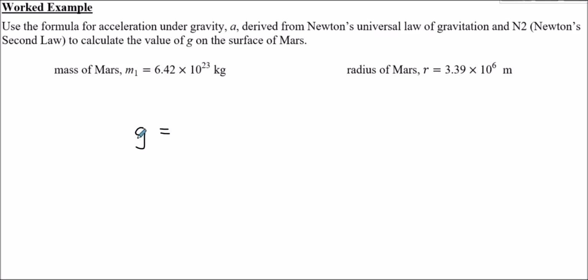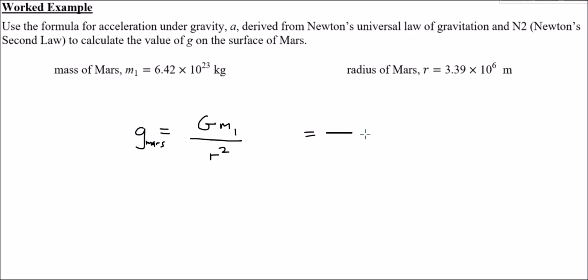g, the acceleration due to gravity, is going to be G multiplied by the mass of Mars divided by the radius of Mars squared. So I'm just going to call this g subscript Mars. Now G, from before, we need to remember what it was.